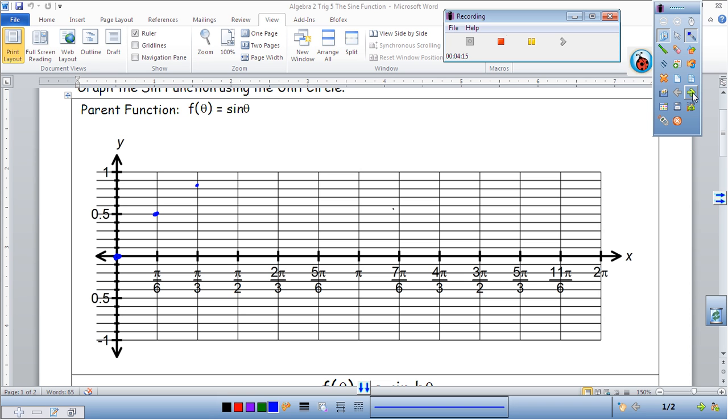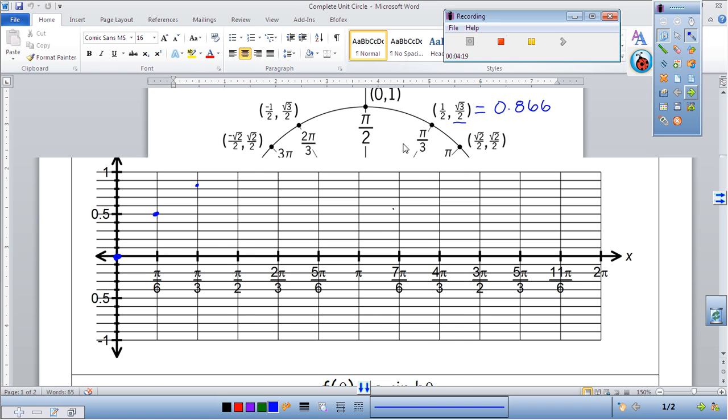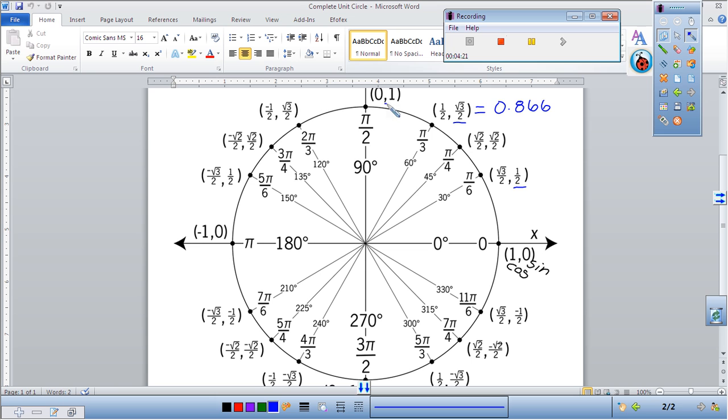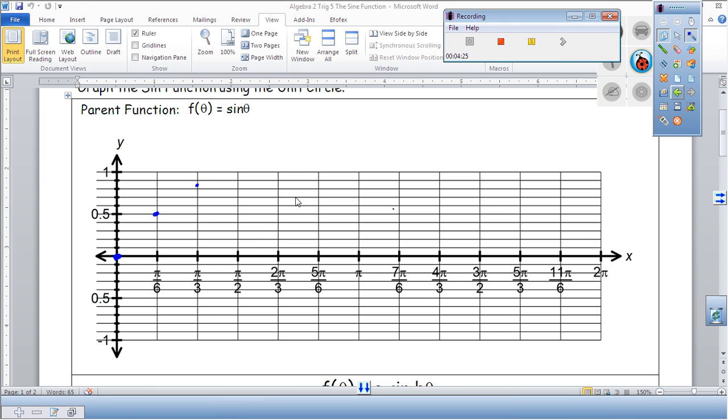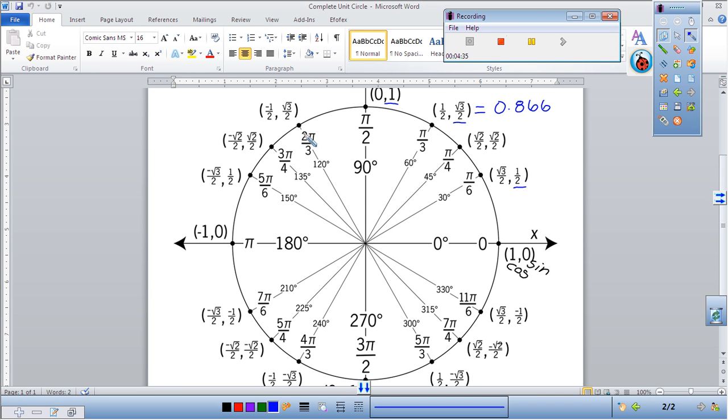Okay, and then we're back to pi over 2. At pi over 2, our sine is 1. Then we go to 2 pi over 3. At 2 pi over 3, our sine is square root of 3 over 2, which is the same as this, so it's 0.866 again.